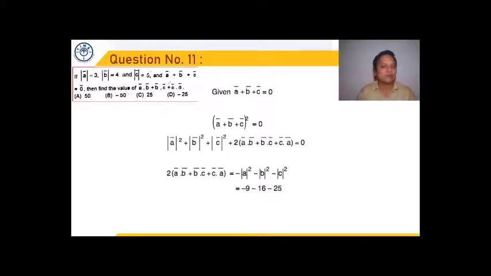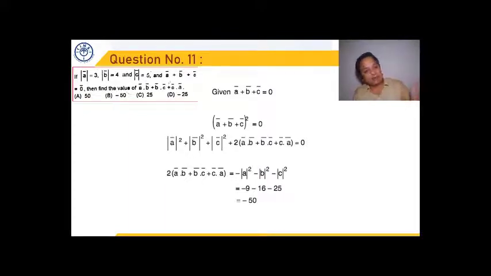And |C|² is 25, with a minus sign. So we get 16 and 9 is 25, and 25 more is 50. We get the right hand side as minus 50.